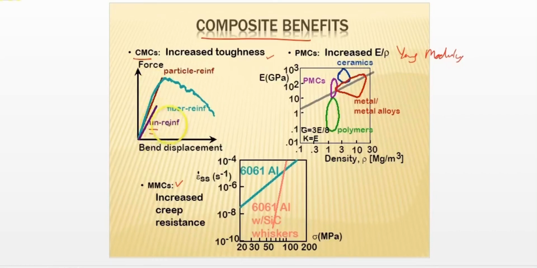Right, if you look into here, unreinforced dia sangkut dekat tengah on the bend displacement. Okay, and then untuk particle kita boleh bend kan lah, bend dia lagi tinggi. If you look, kita bagi lagi high force, dia akan lagi tahan lah. Okay, dia punya bend.